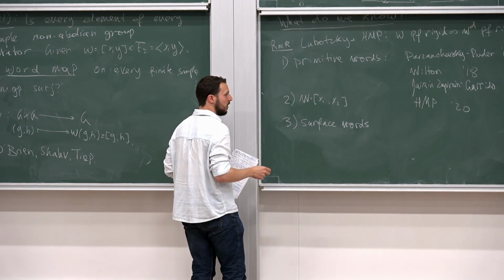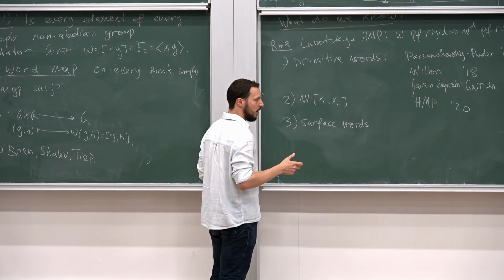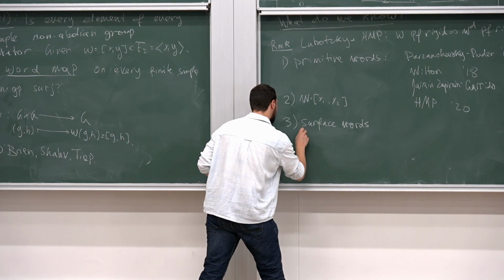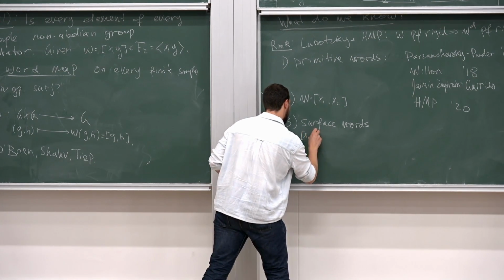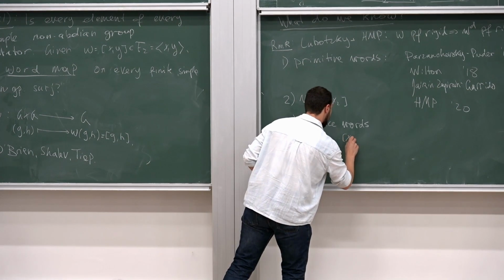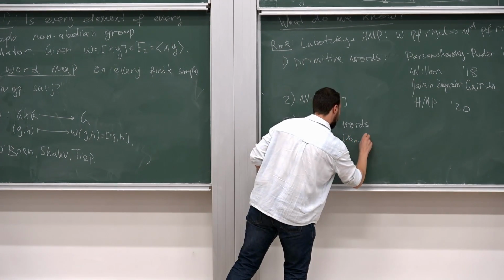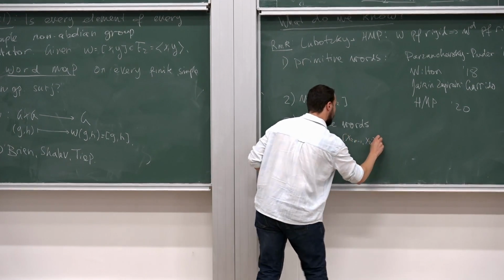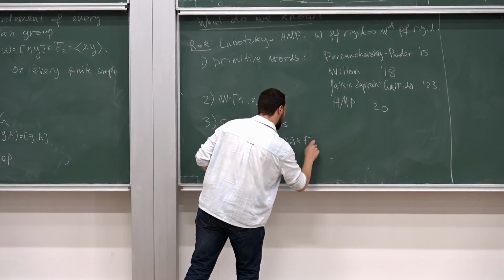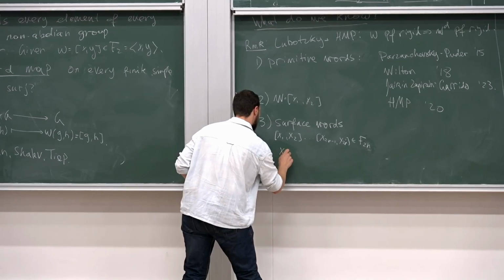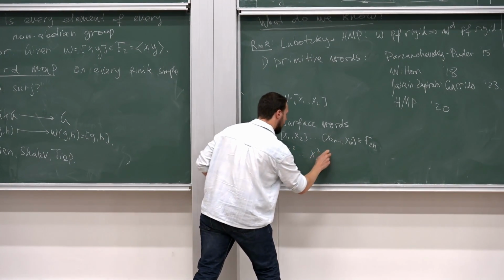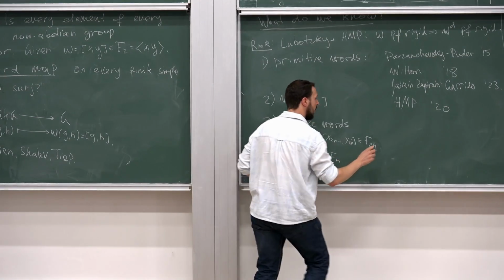And what I mean by that is exactly the words that are the relation of the surface group. So words in the automorphic orbit of the product of all commutators of basis elements in a free group of even rank, or the product of all squares in a free group.